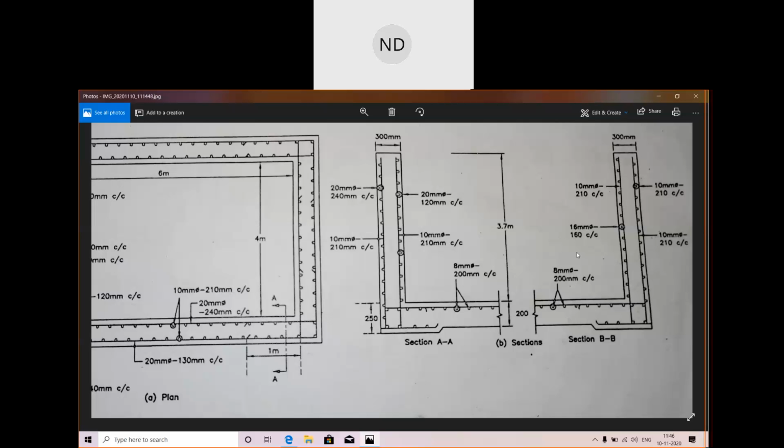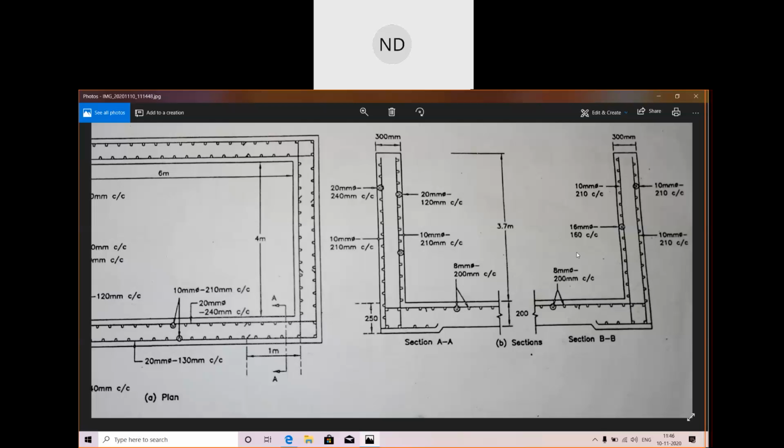This was for the short wall. Then for the long wall we have 20 mm at 130 mm, and 10 mm at 210 mm. And 20 mm at 120 mm center to center at the supports of the long wall.